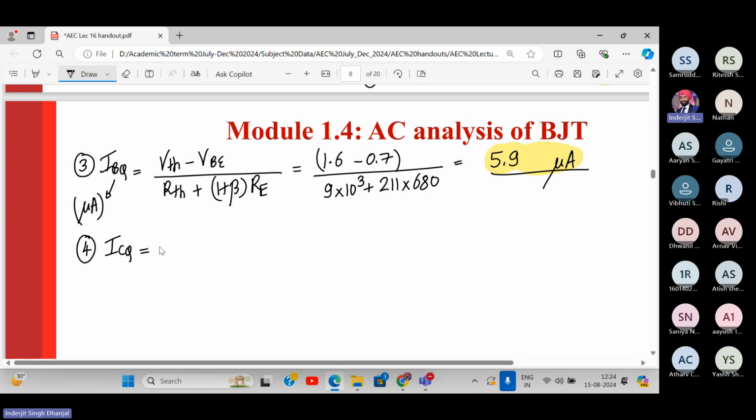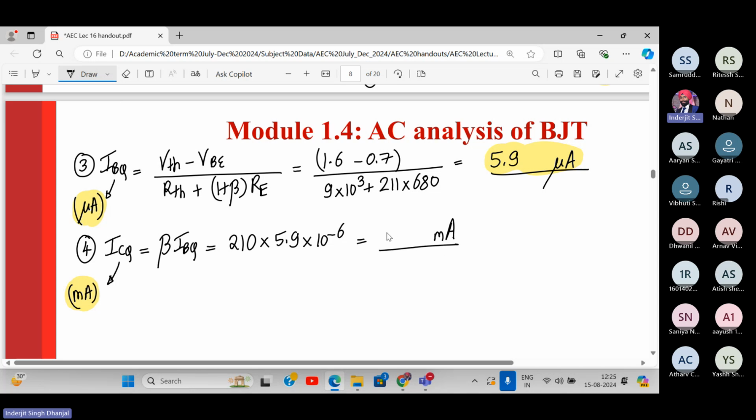What is ICQ in terms of IB? Beta times IBQ. So multiply this 5.9 microampere with 210. Now ICQ is always in milliamperes. So tell me how many milliamperes? Milliamperes means 10 raised to minus 3.